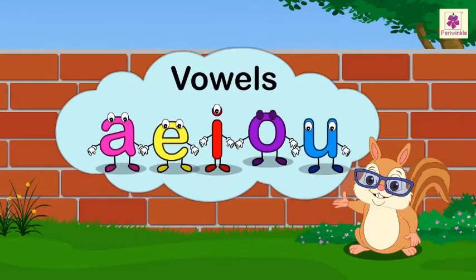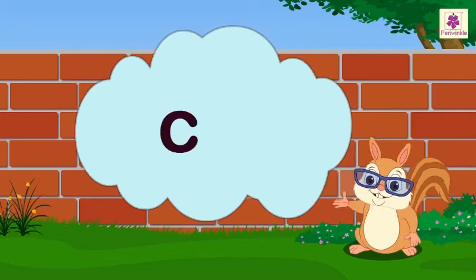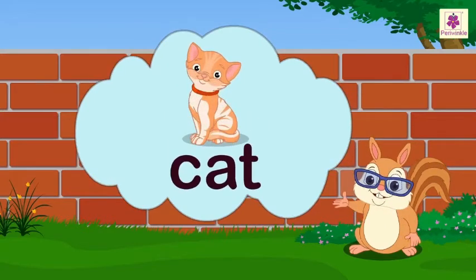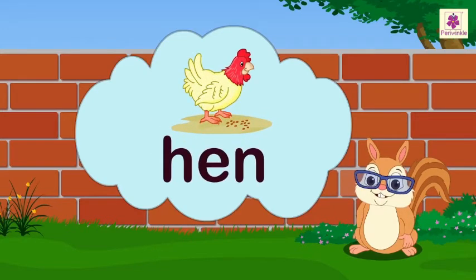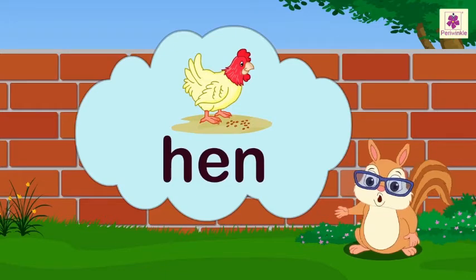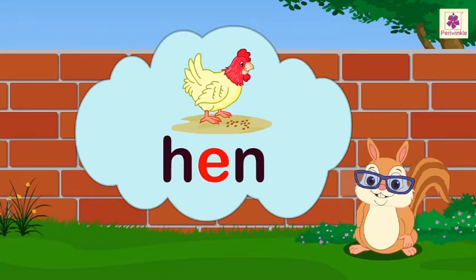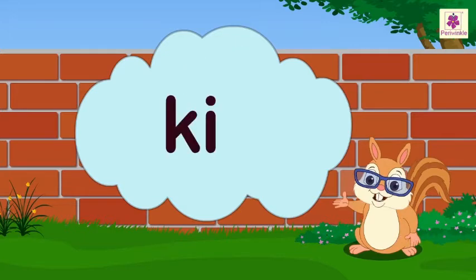Let us find vowels in words. C-A-T, cat. Here, A is a vowel. H-E-N, hen. Here, E is a vowel. K-I-D, kid.